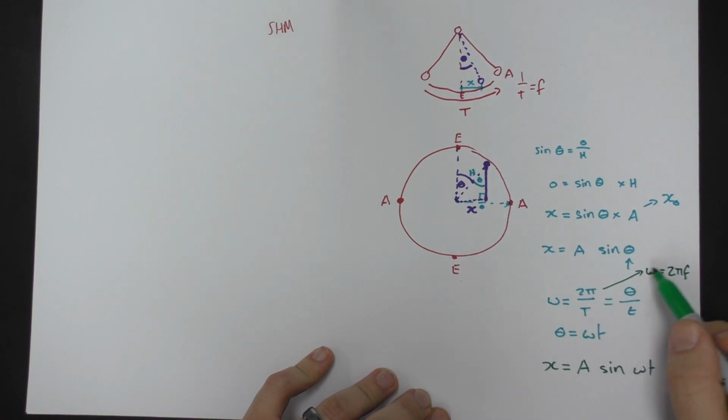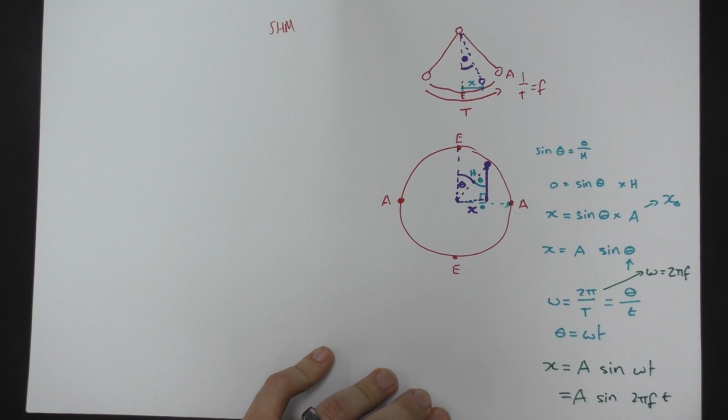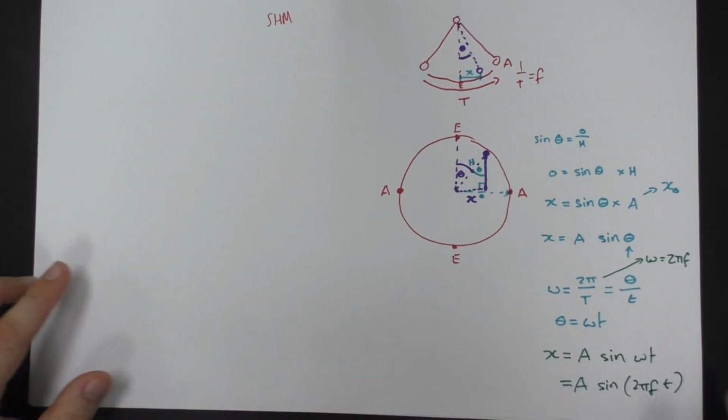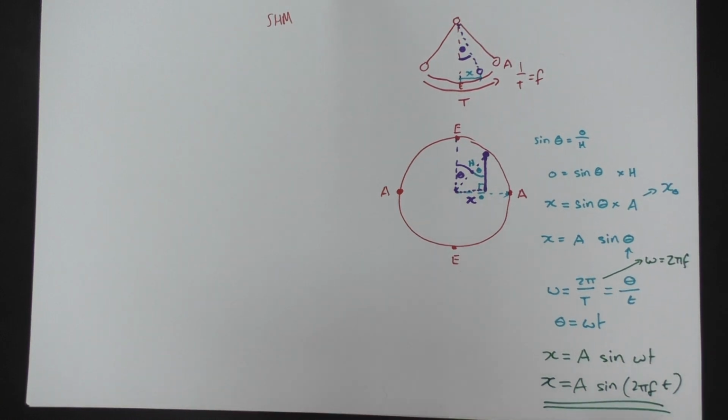So remember, this is the angular velocity that we've got here. So you could replace this as A sine 2 pi f t. Sometimes it's written like that, and it depends on your specification what you've got in that case. And so that is one of the equations that you may have, depending on what specification you're on.